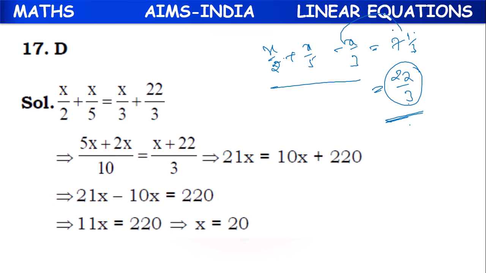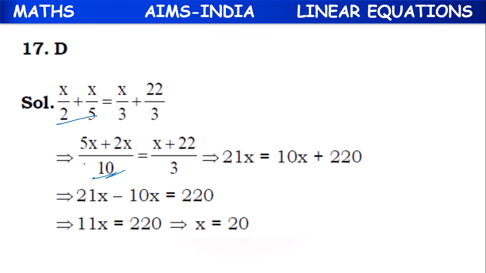But if you take x by 3 to the right hand side, it will become plus x by 3. So that's why you can write like this also: x by 2 plus x by 5 equal to x by 3 plus 22/3. Means if we add 22/3 to 1/3 of the number, then it is equal to the sum.